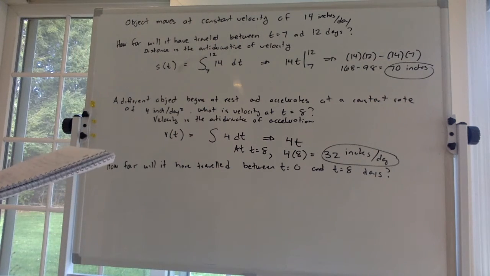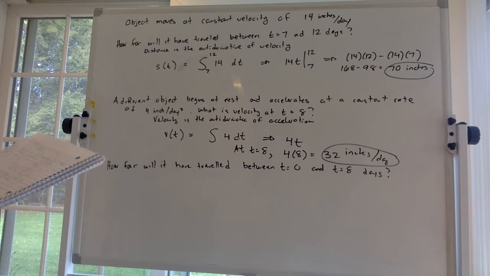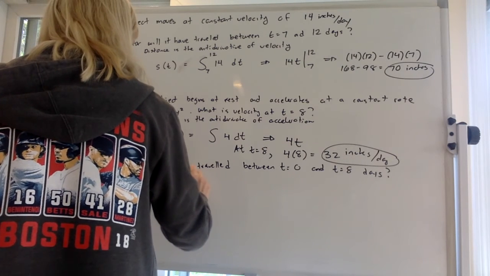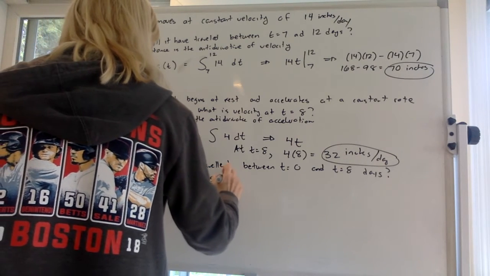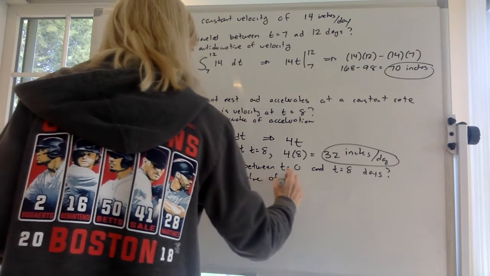Okay. Finally, part 3. How far will it have traveled between t is 0 and t equals 8 days? Okay, we know that distance is the antiderivative of velocity, right?